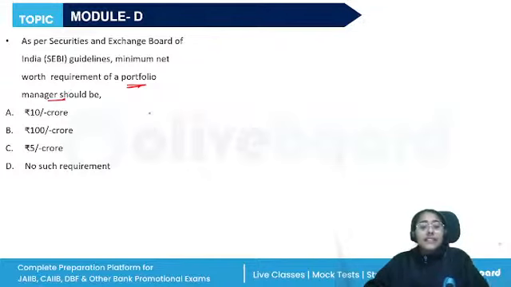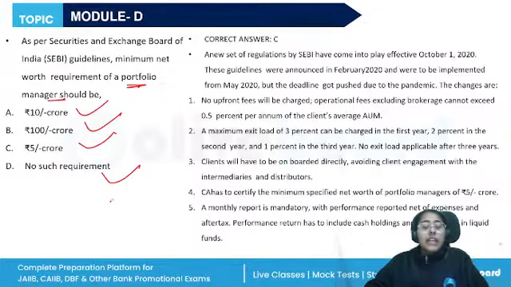Is it rupees 10 crore, 100 crore, 5 crore, or there is no such requirement? Actually, the minimum net worth required for a portfolio manager should be rupees 5 crore. Right? Rupees 5 crore. SEBI has come up with new regulations effective from October 1, 2020.